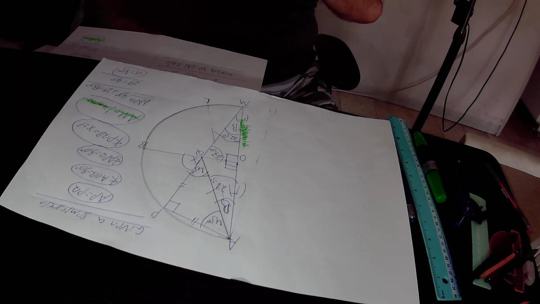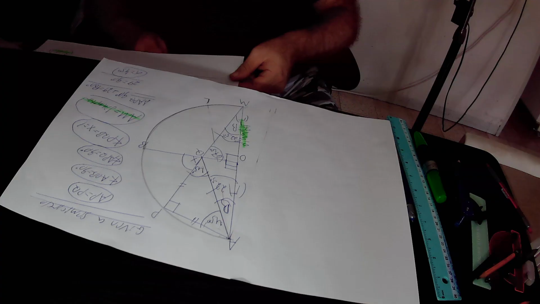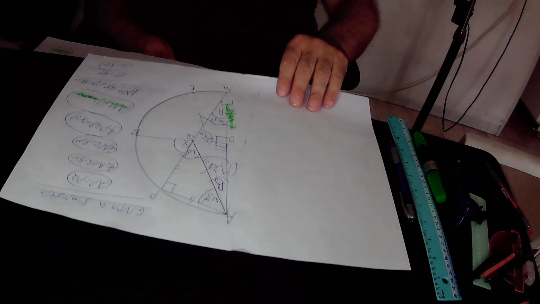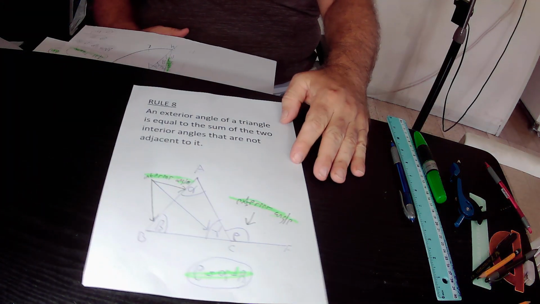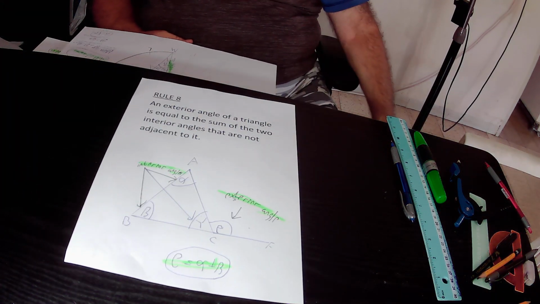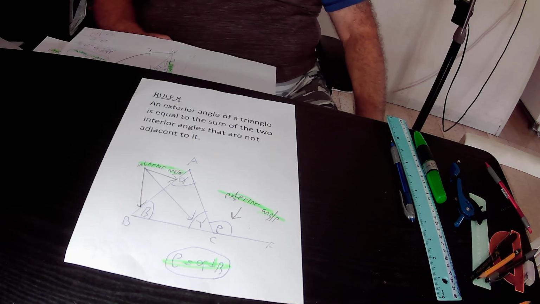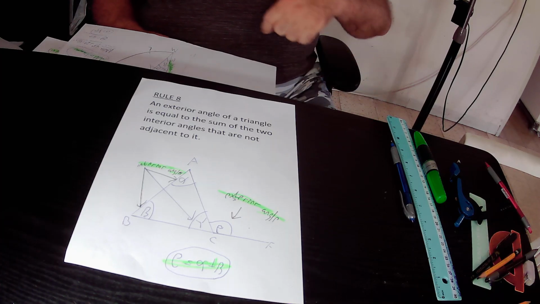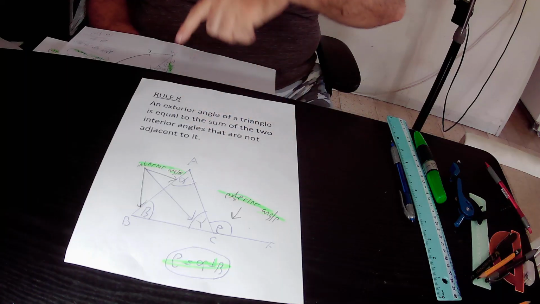In the next step, I presented you a new rule and implemented the new rule in our drawing. The new rule is rule 8. According to rule 8, an exterior angle of a triangle is equal to the sum of the two interior angles that are not adjacent to it. So in the domain we have triangle ABC that could be any triangle.